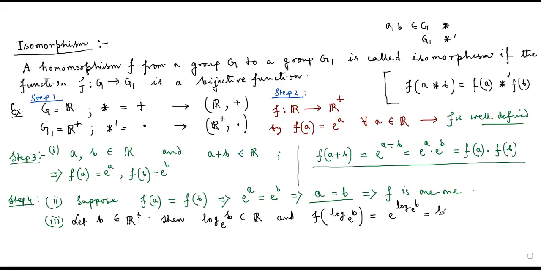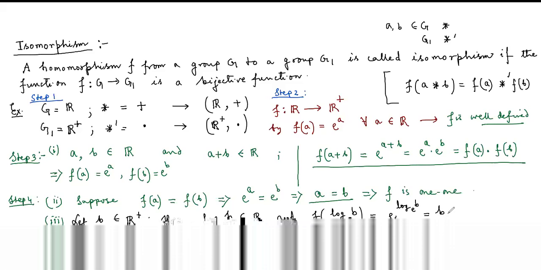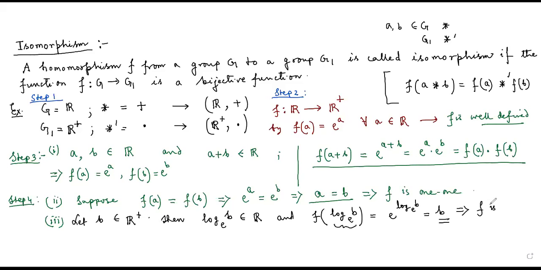What does it mean? It means for every B belonging to R plus, this particular thing holds. For every element B in the codomain, there exists an element of the form log b to the base e in the domain, so that f of this element is equal to B. And this is showing that your function f is onto R plus. The function is an onto function on R plus.